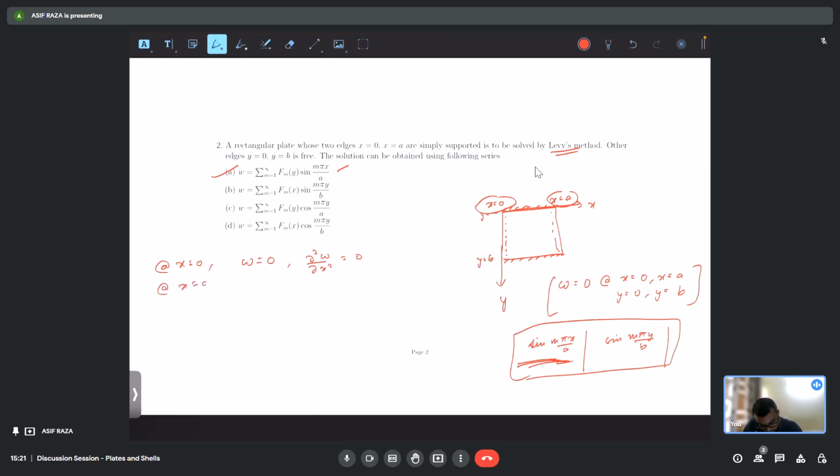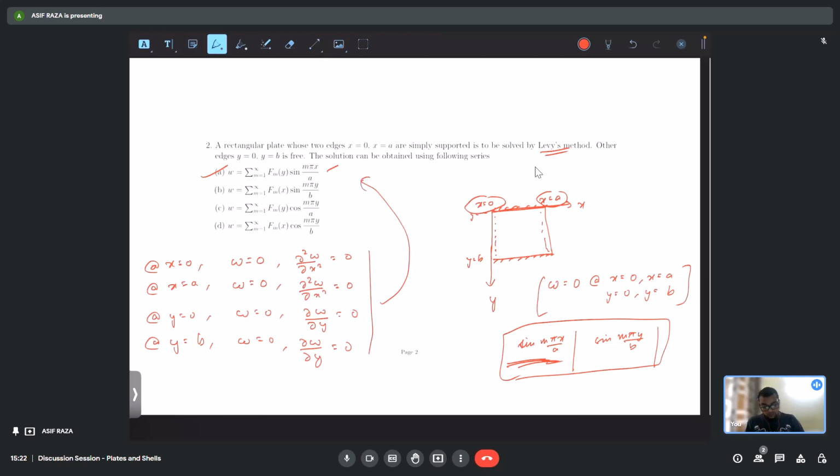Similarly, at x equal to a, we would have w equal to 0 and del square w by del x square equal to 0, right? At y equal to 0 we would have w equal to 0 and del w by del y equal to 0, and at y equal to b we would have w equal to 0 and del w by del y equal to 0. If you substitute these conditions also, you will get this. Okay, so let's move on to the third question.